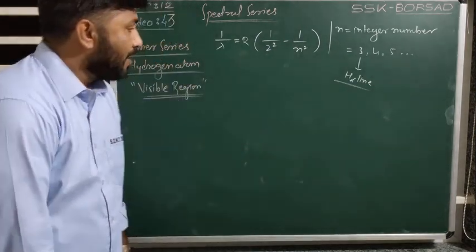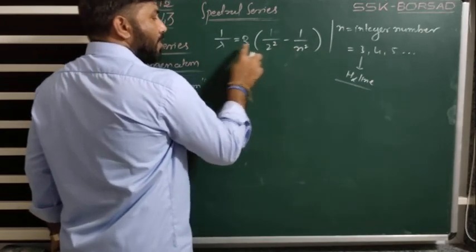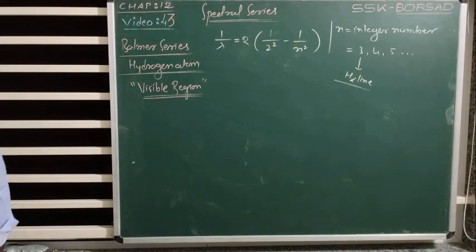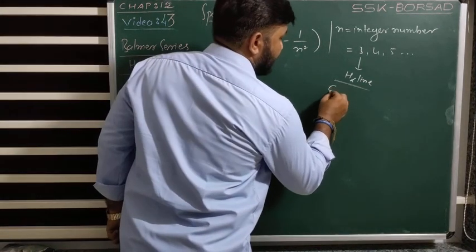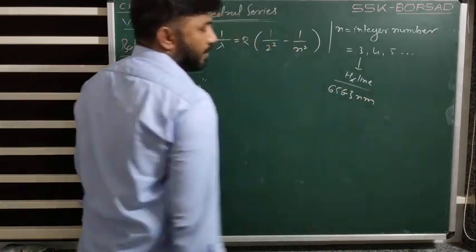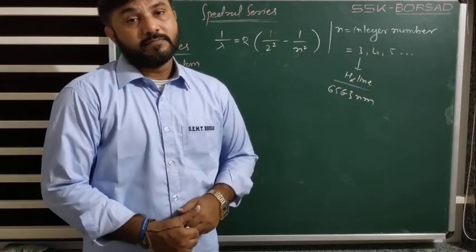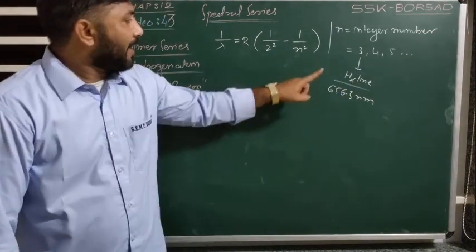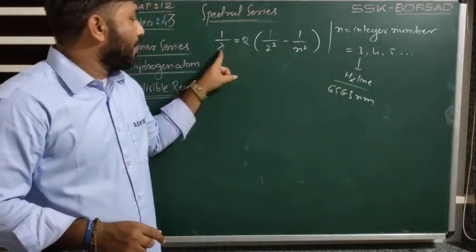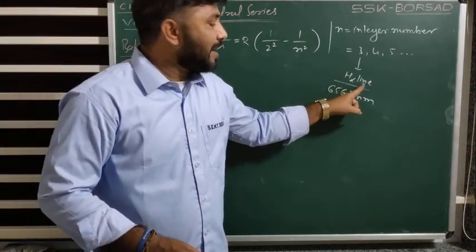That H alpha line has a wavelength; when you put n is equal to 3 here and find the lambda, you will get the value 656.3 nanometer. So that line is known as H alpha line. It means if you take the first value of n, then you will get this wavelength. That line is known as H alpha line.